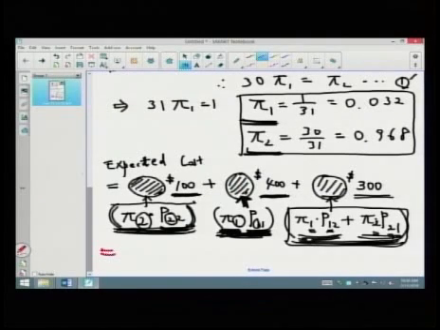Okay, so I got $112.58. That's what I got. If I didn't make any error, then it should be the answer.